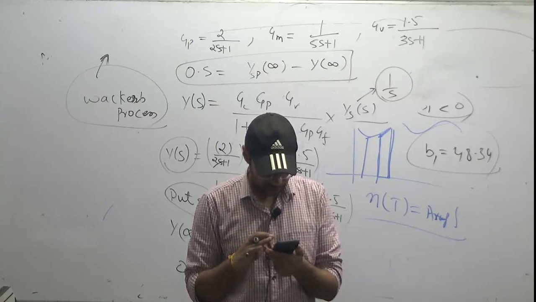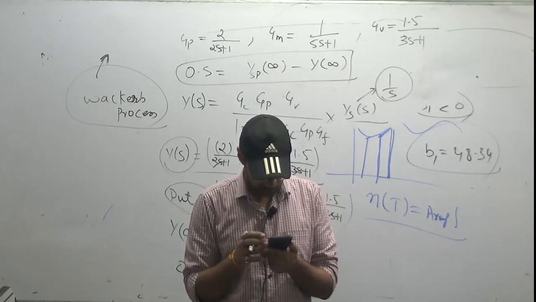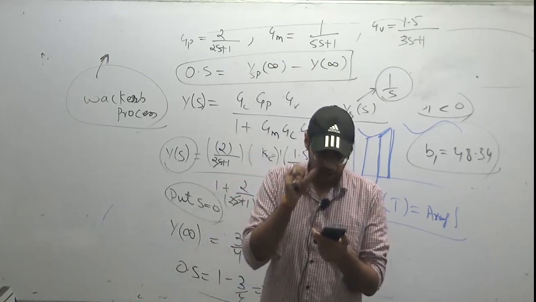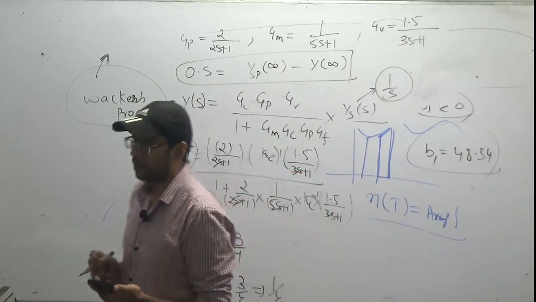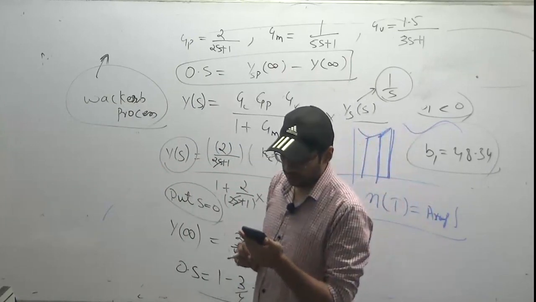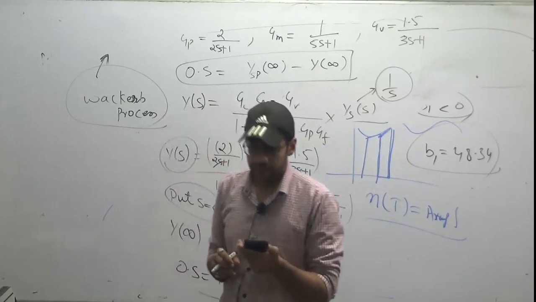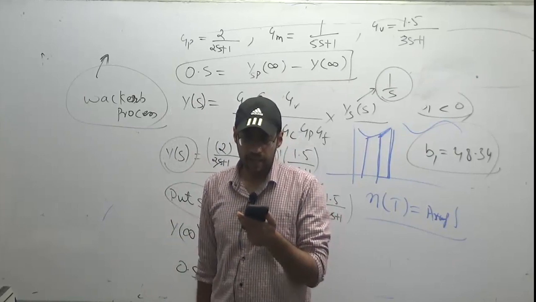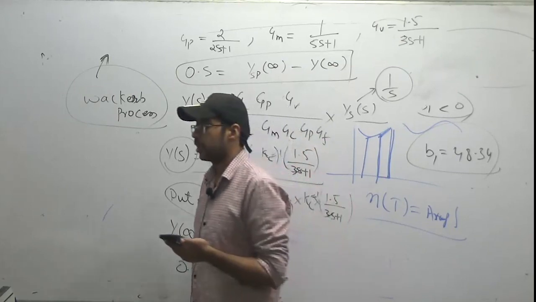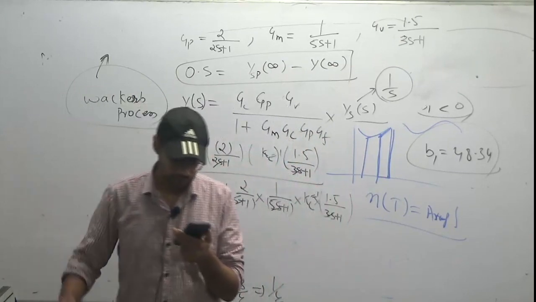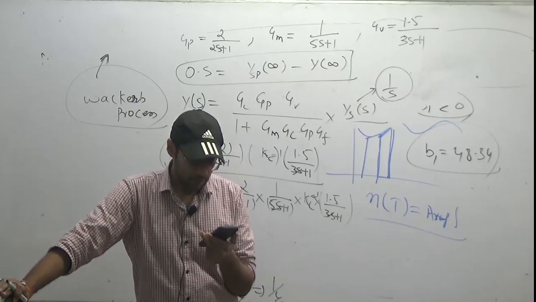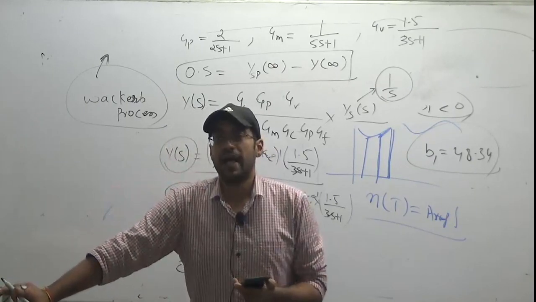Now write down the things. In Wacker's process, this is the process of oxidation of terminal alkenes to aldehydes and ketones using palladium and copper compounds as catalyst.